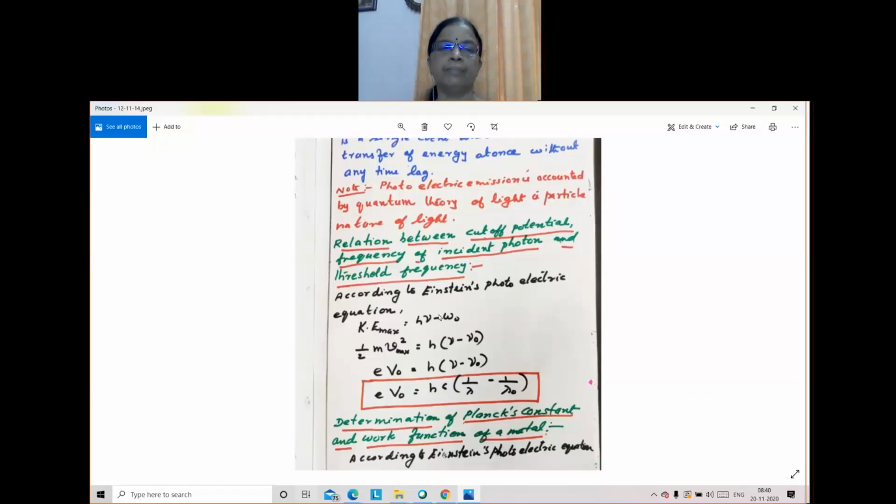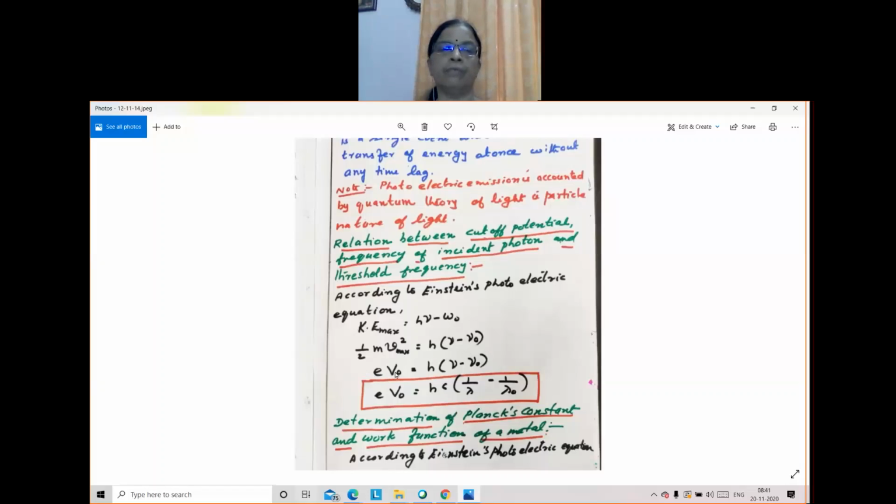Same thing, Einstein's photoelectric equation. Because for doing problems, we should know different types of equations. That's why. The relation between cutoff potential, that means stopping potential, the frequency of the incident radiation nu, and the threshold frequency nu zero. Relation between them. You see Einstein's photoelectric equation: kinetic energy maximum equal to h nu minus h nu zero, or h nu minus w zero. H nu zero is the same as w zero, the work function. So half m v max square equal to h into nu minus nu zero.